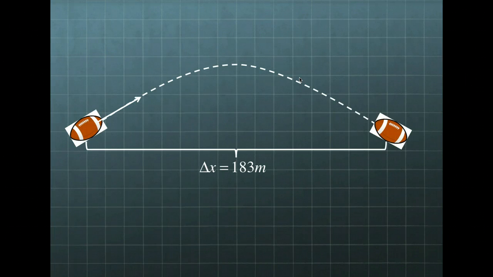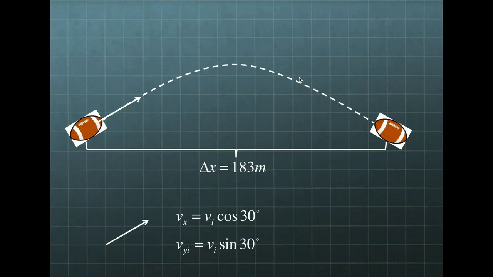So here's my ball, goes 183 meters. I know that the initial velocity is at 30 degrees. So even though I don't know what initial velocity is itself, I can at least take my first step and separate it into two components of Vx and Vy initial. Vx, as you remember, since we disregard any air resistance, is going to be consistent, and it's going to be V initial times cosine of 30.